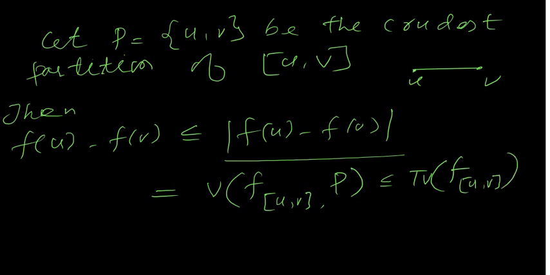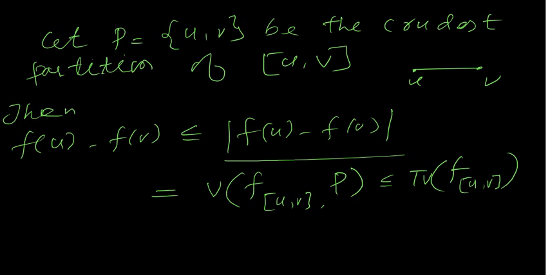So f of u minus f of v is less or equal to the total variation of the function f over the interval uv, and we have already seen that this is the total variation of the function f over the interval a to v minus the total variation over the interval a to u.